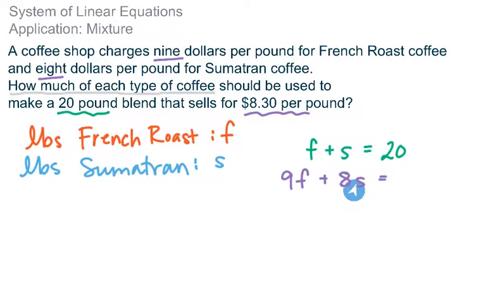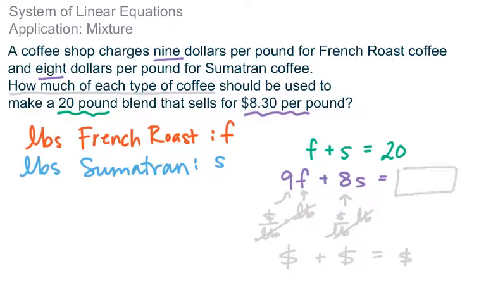What did I do with my units here? So 9 is actually $9 per pound times F, which is pounds. So we're actually ending up with a dollar amount. Same thing with the 8, right? That is $8 per pound times S quantity of pounds. Again, we have dollars. So dollars plus dollars is going to equal dollars.